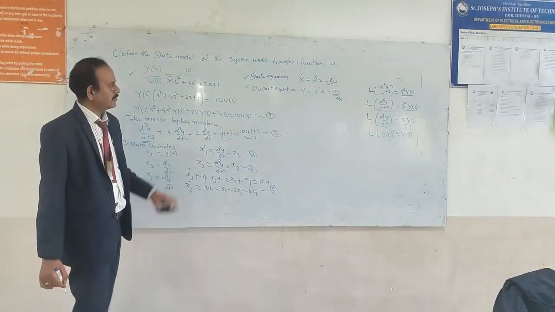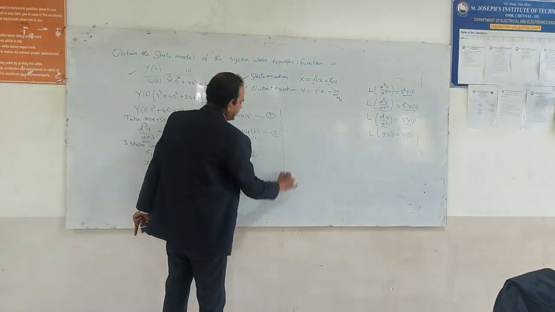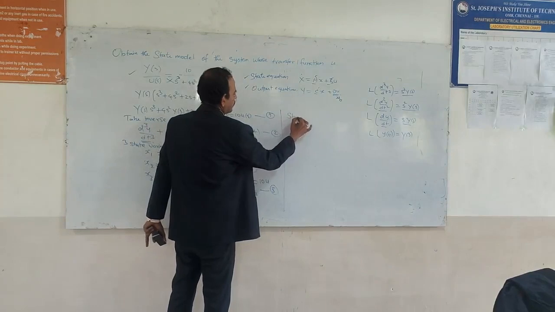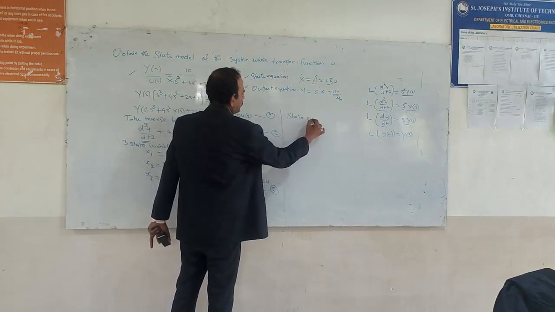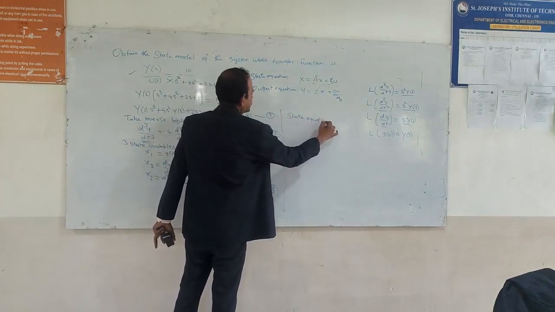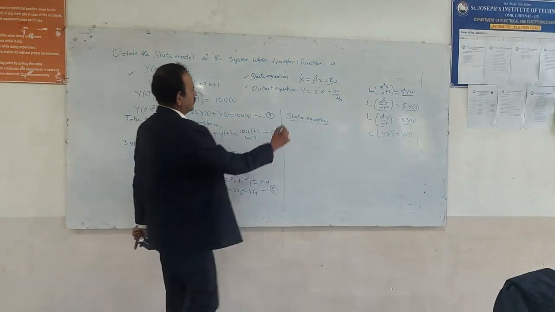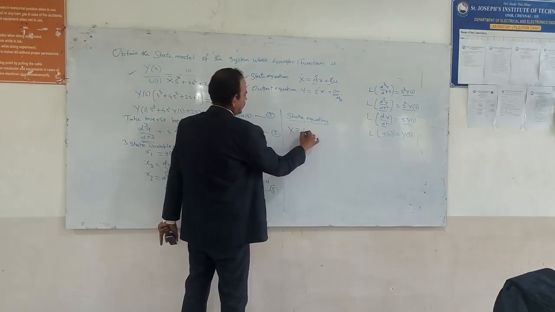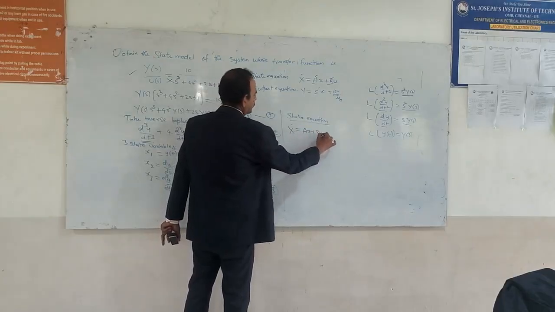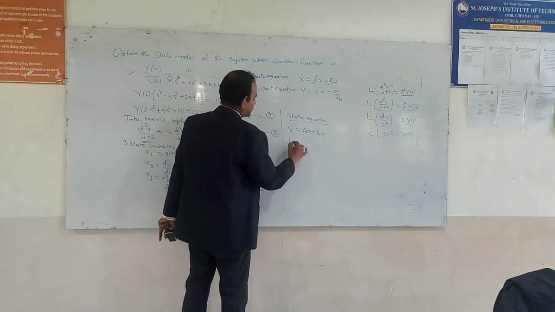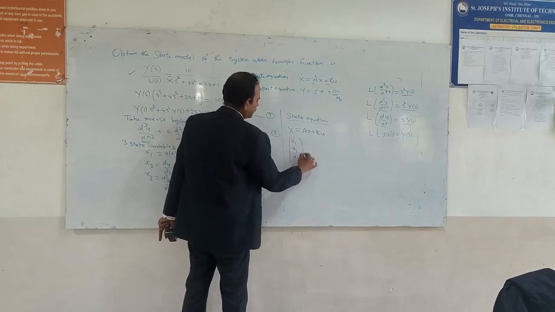Now we can form the state equation: x dot equals Ax plus Bu. x dot can be written as x1 dot, x2 dot, x3 dot.